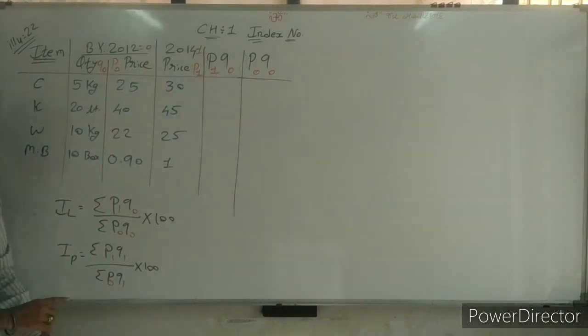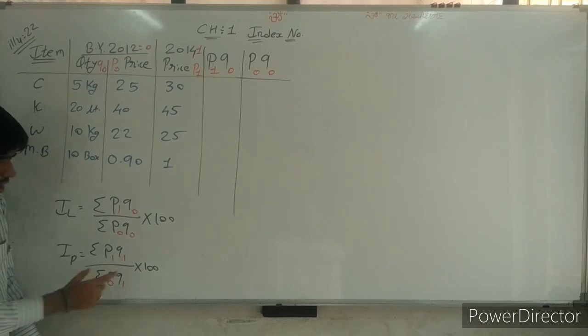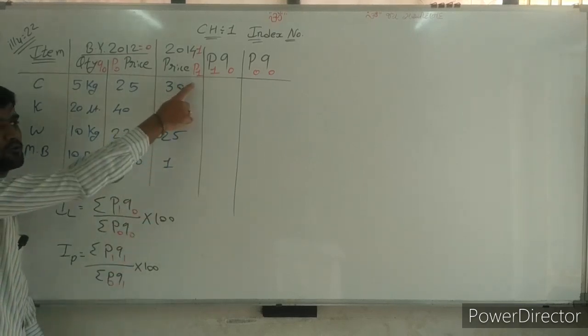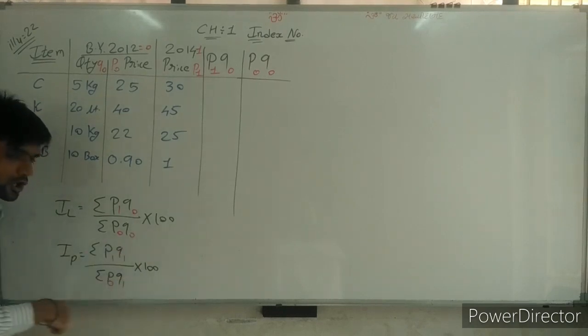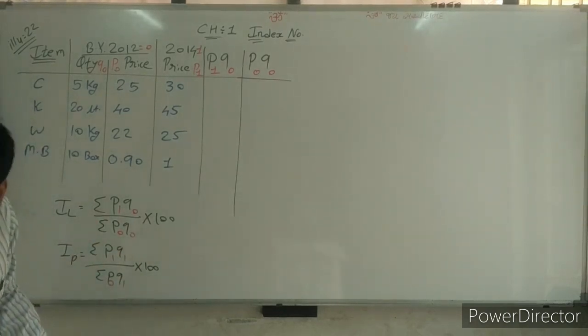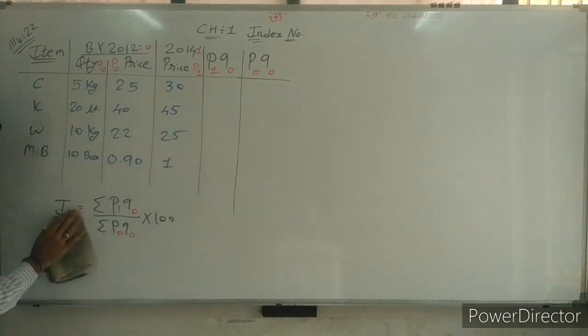If I cannot find P1Q1, then Paasche index number is not possible, only and only because there is no value of P1Q1. We have a value of P1, but we don't have a value of Q1, and that's why I cannot multiply both. So this formula is not possible for me.